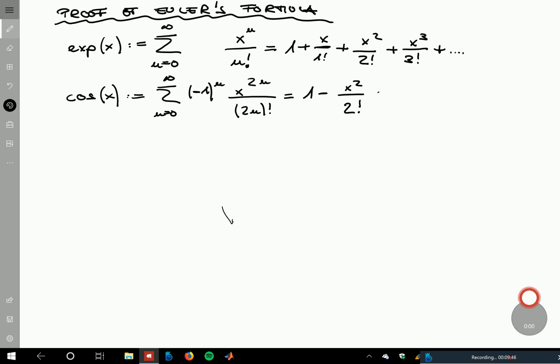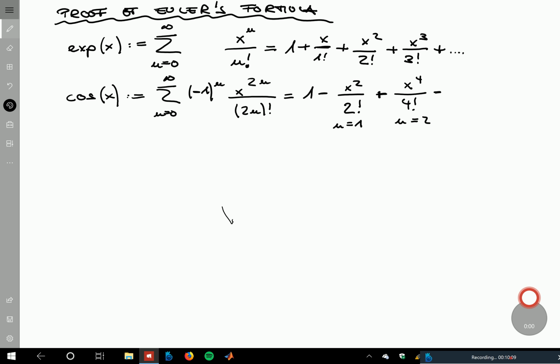If n equals 2, then we have minus 1 to the power of 2, so that's a positive number. Then we get 4, and we have to also divide by the factorial of 4.